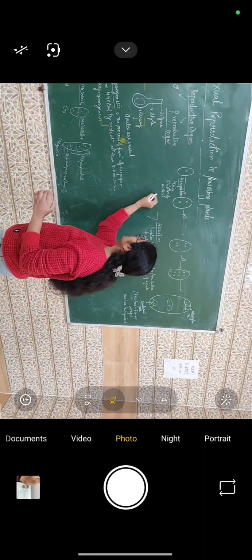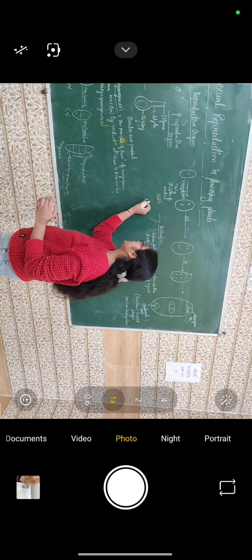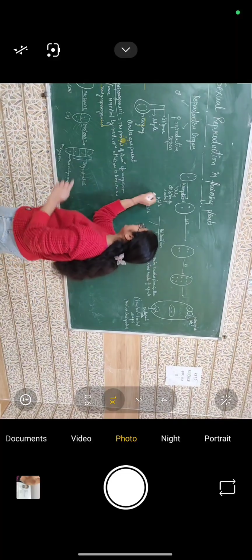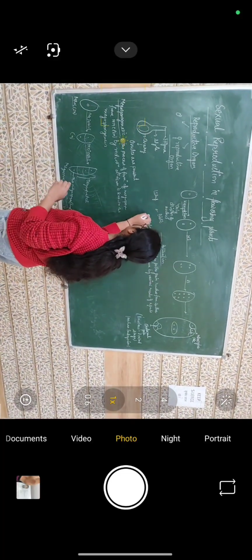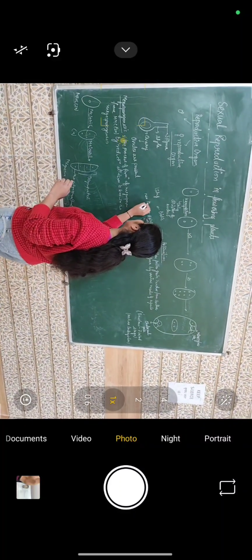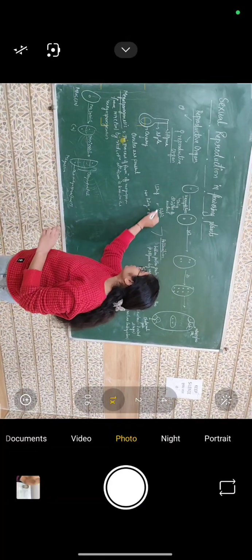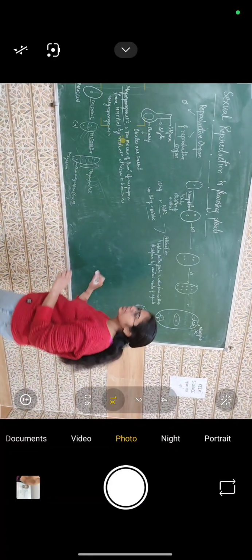So basically we have two types of agents. One is biotic agents and one is abiotic agents. Biotic agents are living organisms like animals and bats, and abiotic agents are non-living like water and wind. So basically, due to these agents, pollen grains will reach from the anther to the stigma.